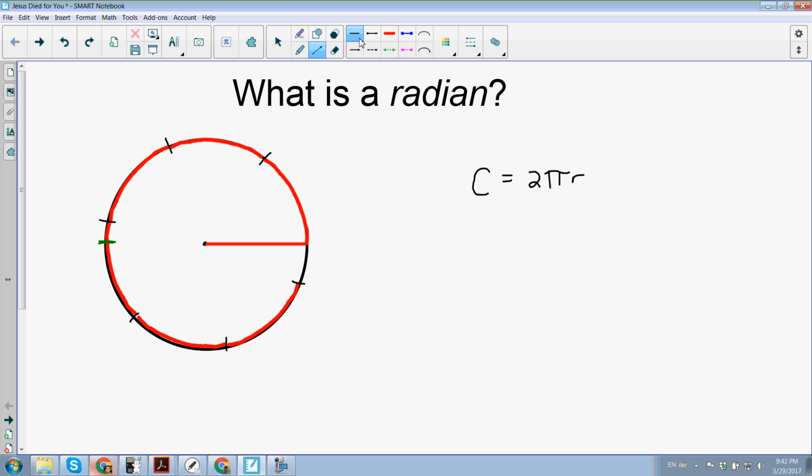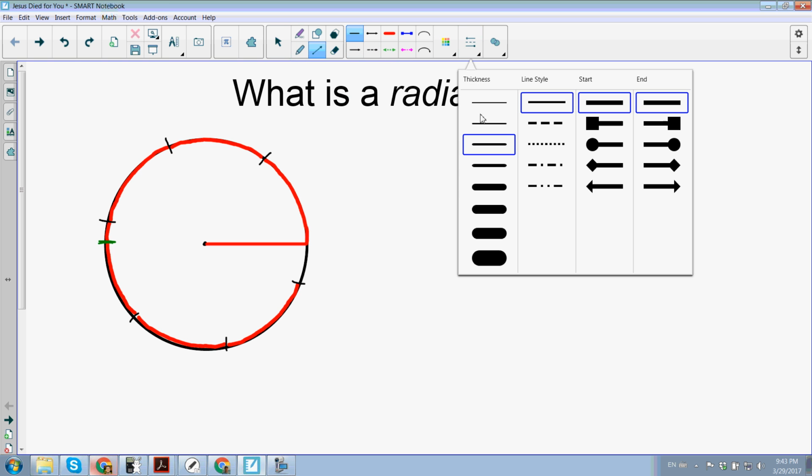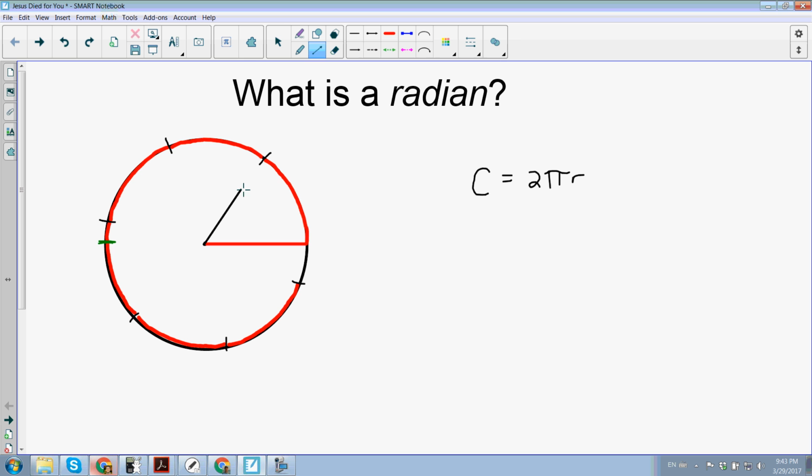Well, let's say we draw an angle to right to where the first radius length ended, and we'll call this angle theta. You've probably encountered theta, the Greek letter theta, if you're watching this video.